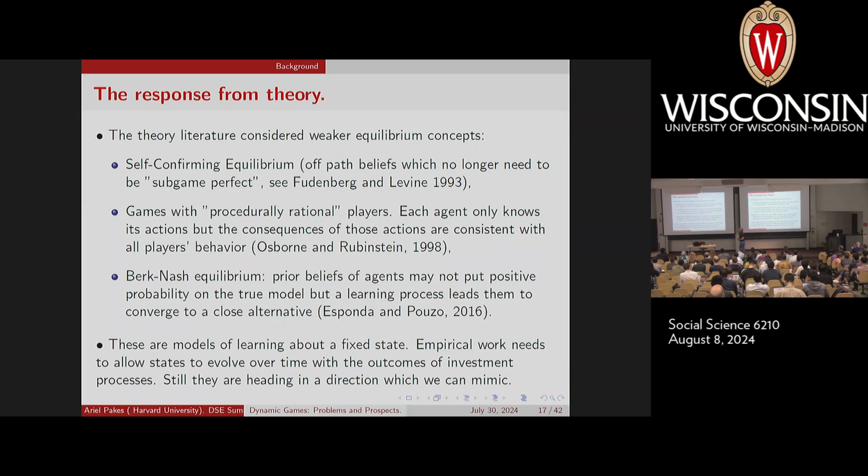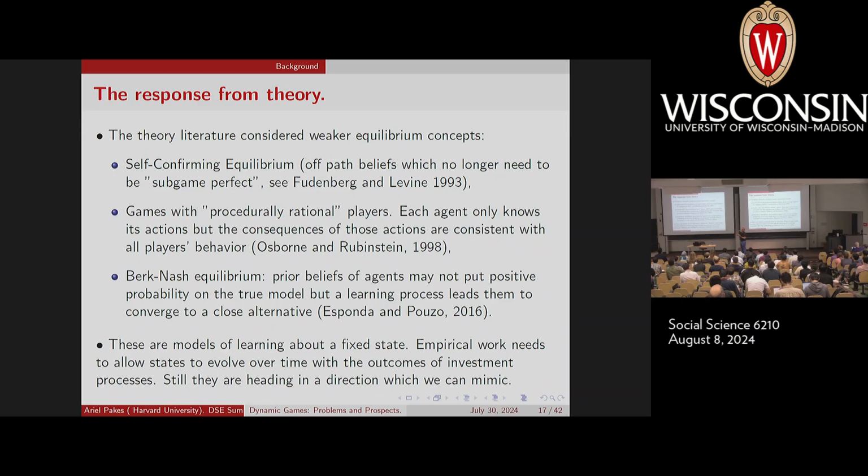The first one was the Fudenberg and Levine self-confirming equilibrium. What happens there is you're correct on path, but you're not correct if you deviate. If you keep on the optimal x, you're going to have the correct perceptions. Is that clear? But if you deviate, you're not. Then Osborne and Rubinstein: in their case, each agent only knows its own actions, but somehow, and we're not going to tell you how, those actions are consistent with what everybody else does.